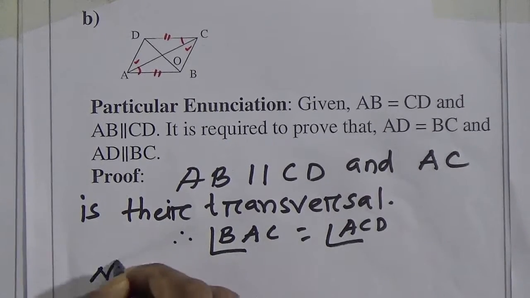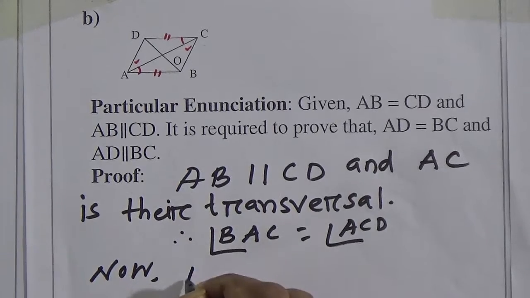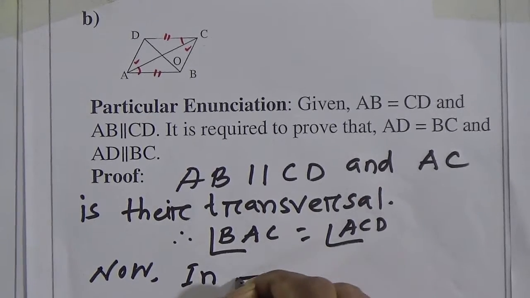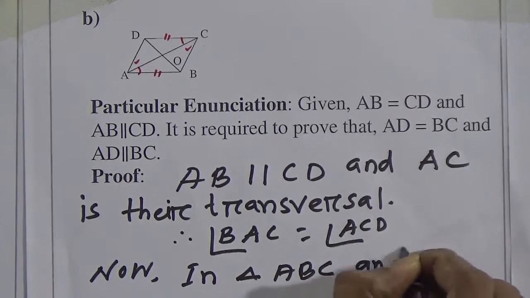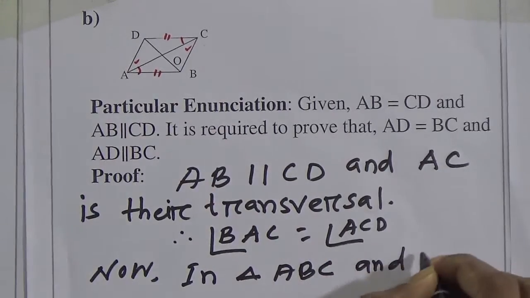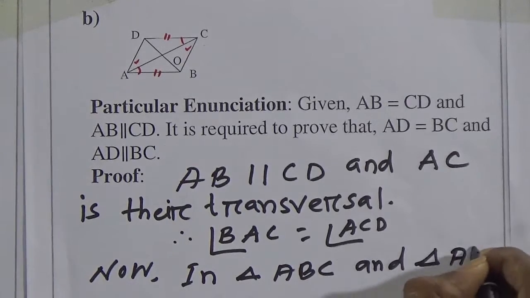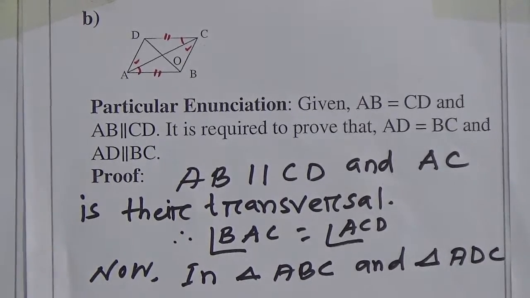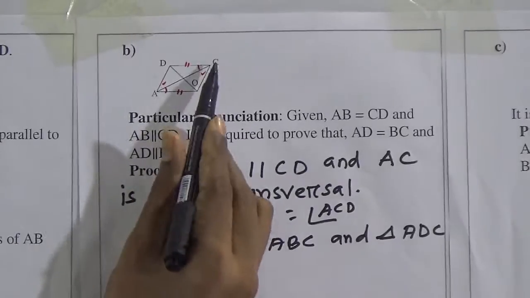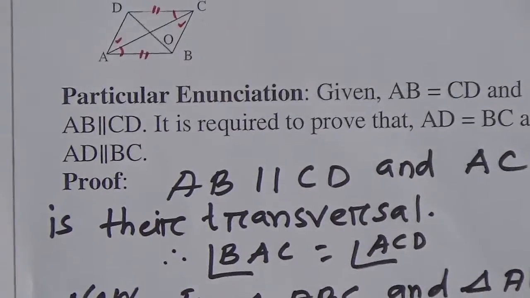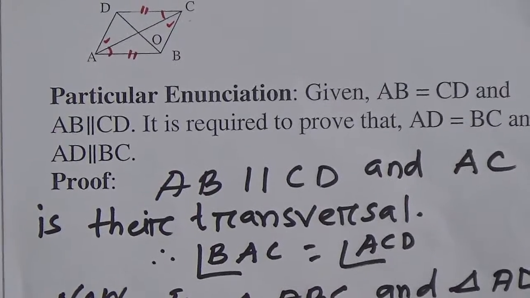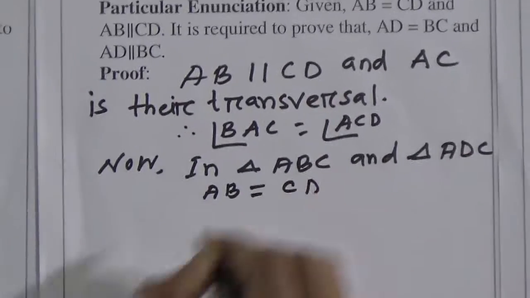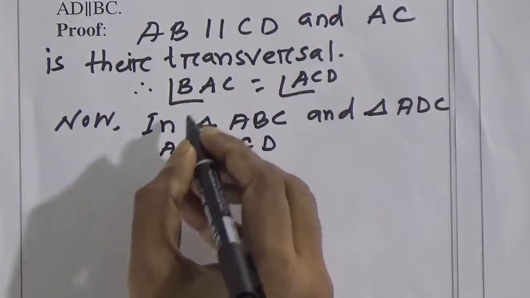Now, in ABC triangle and ADC triangle, AB equal to CD, which is given, and AC equal to AC.